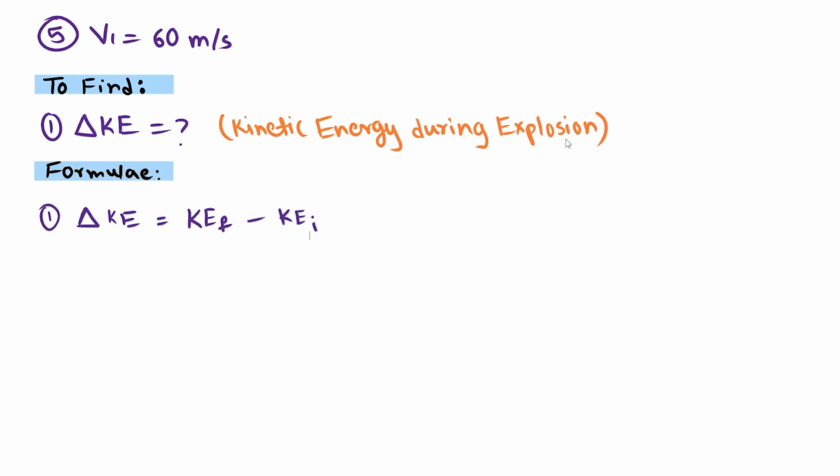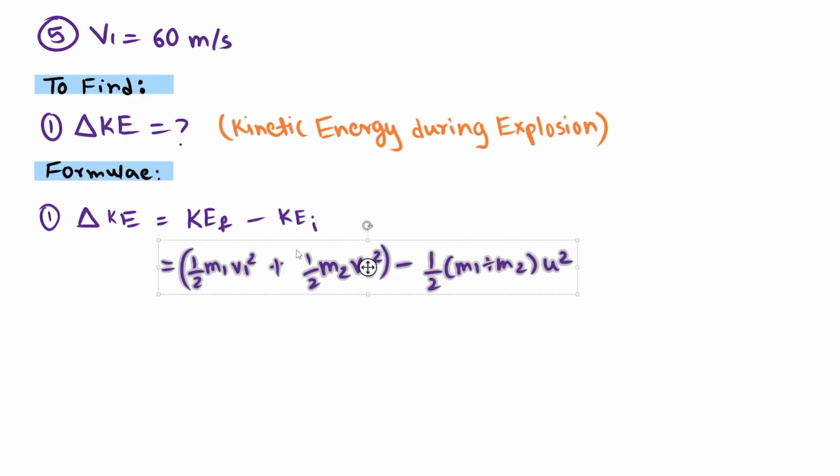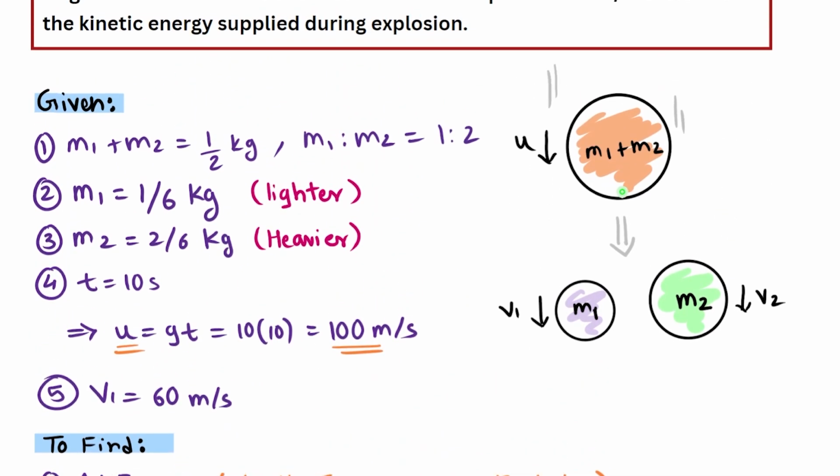The first formula is, of course, since we have to calculate the difference between the kinetic energies, the difference in kinetic energy, that's final minus initial. By the definition of kinetic energy, if I substitute the values, it would be something like this for this situation, where the final kinetic energy is the addition of the kinetic energy of fragment m1 and the kinetic energy of fragment m2, and the initial kinetic energy is the kinetic energy of the combined ball.